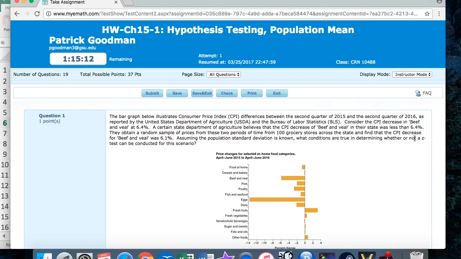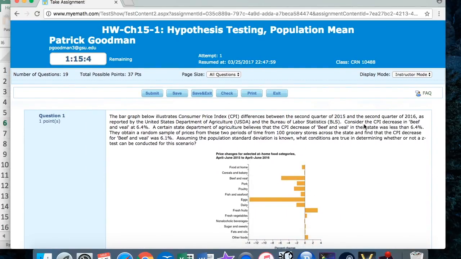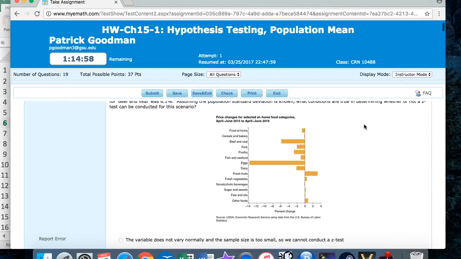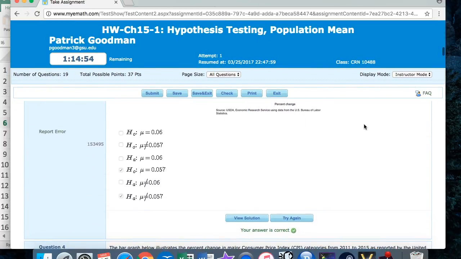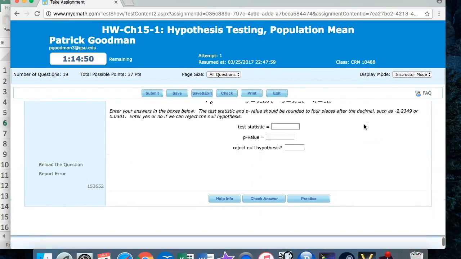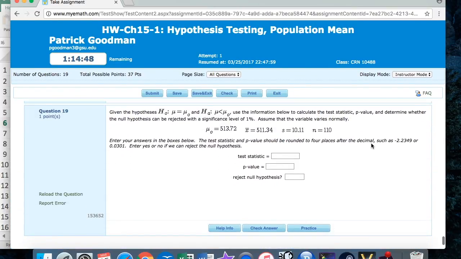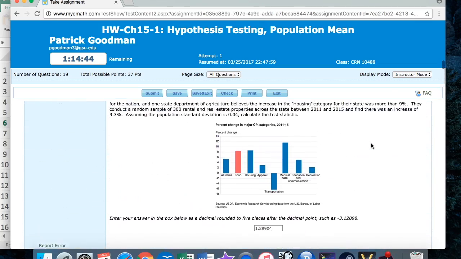Two sections due: homework chapter 15-1, which is pretty huge, like there's a lot going on, and also 15-2, which doesn't really need to be its own thing, because 15-1 and 15-2 are pretty much similar. It's just 15-1 is quite a bit longer. There's almost 20 questions, and then about maybe 6 or 7 questions in 15-2.